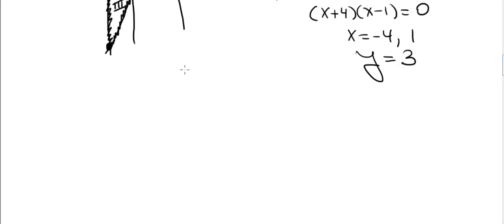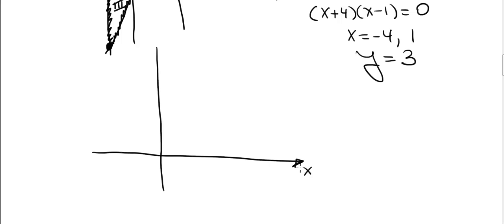Let's graph only the portion that we need to generate the solid of revolution. So this is the line, and this is the part of the parabola. In the parabola, when y is 0, x is 2, right here. And of course this is 1, and then the y-coordinate is 3.